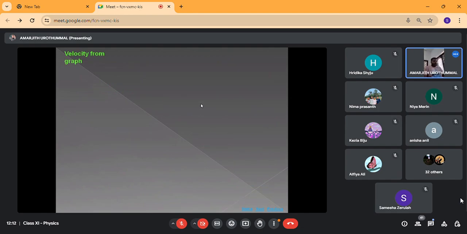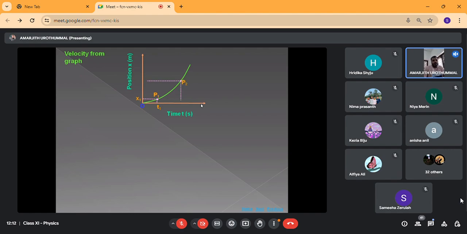Now, let us see the velocity from our graph. This is our position time graph. I'm taking 2 points here. One point P1 here, which is having coordinates, position coordinate x1 and time coordinate t1.